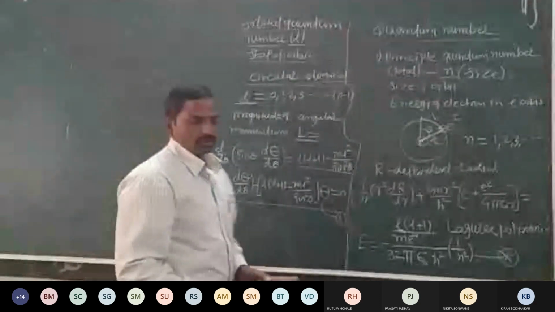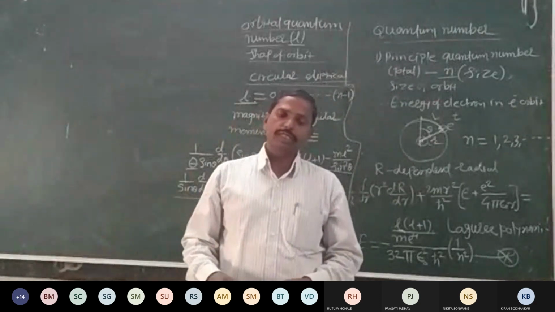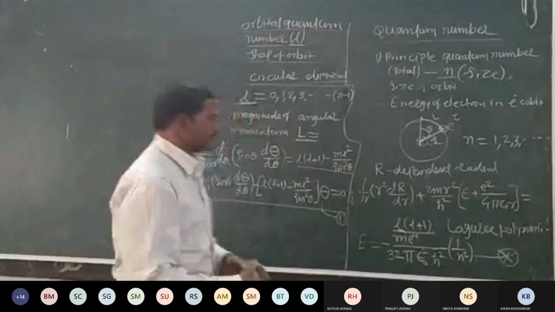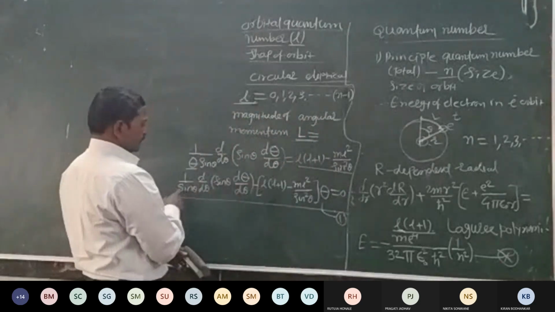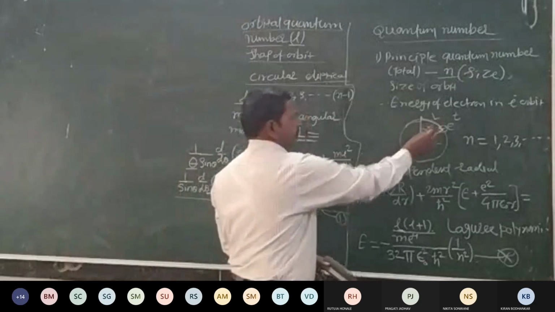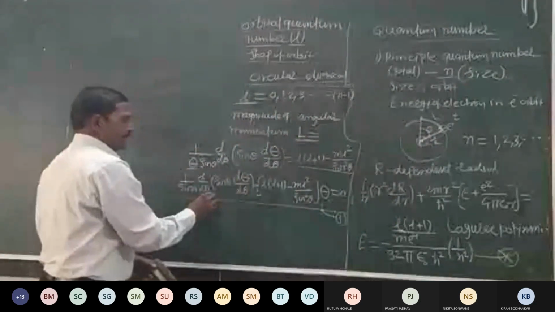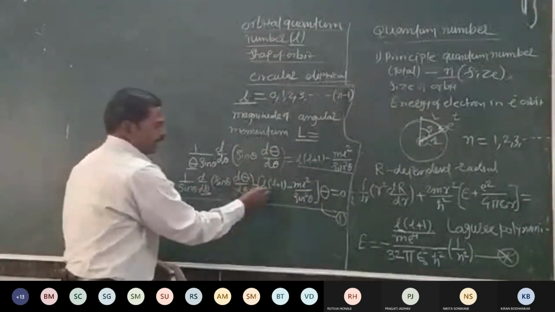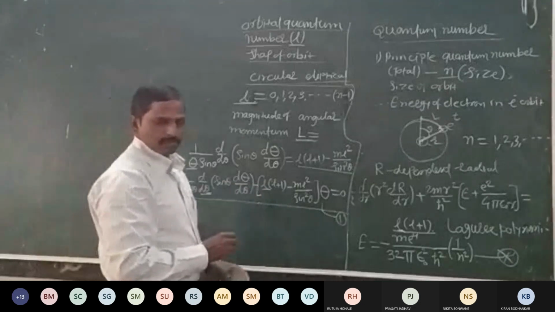Okay, to find out the magnitude of the angular momentum, what value do we get here? The value of theta.